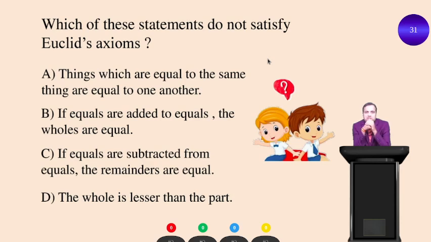If equals are subtracted from the equals, the remainders are equal. The whole is lesser than its part. Okay, so which of these statements is wrong, or which of these statements do not satisfy Euclid's axioms?